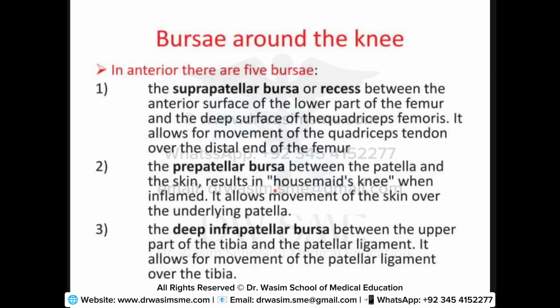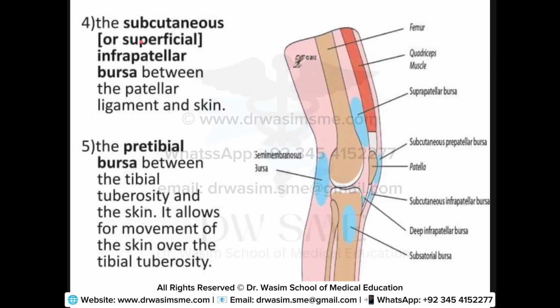Now, we have different bursas around the knee joint. First of all, we have the suprapatellar bursa, the prepatellar bursa, deep infrapatellar bursa, the superficial infrapatellar bursa, and the pretibial bursa. You could appreciate them from this diagram that this is the suprapatellar bursa, which is present above the patella between the femur and the quadriceps.